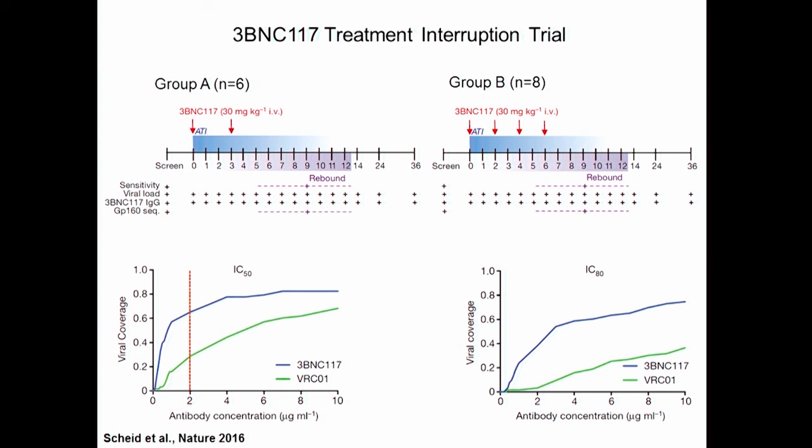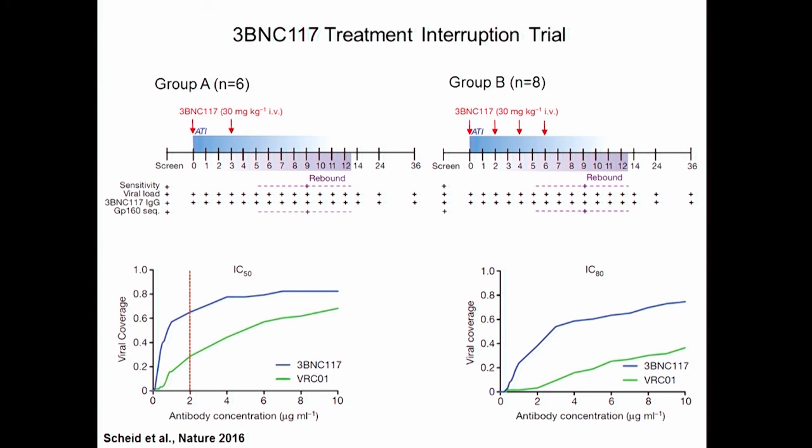And we gave the first group in this trial an infusion of 3bNC117 at a dose of 30 mg per kg, and then interrupted their ART, and then gave a second dose of 3bNC117 exactly 3 weeks later. And obviously followed these patients with their viral loads and other lab values in this time of treatment interruption.